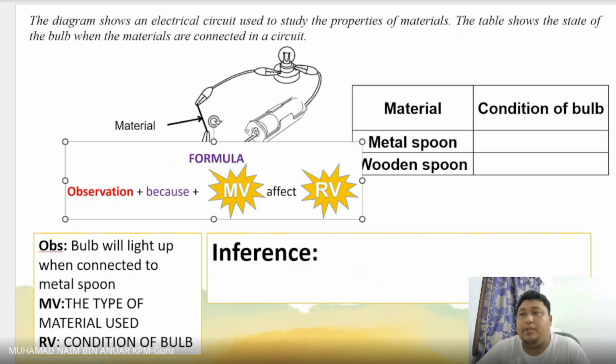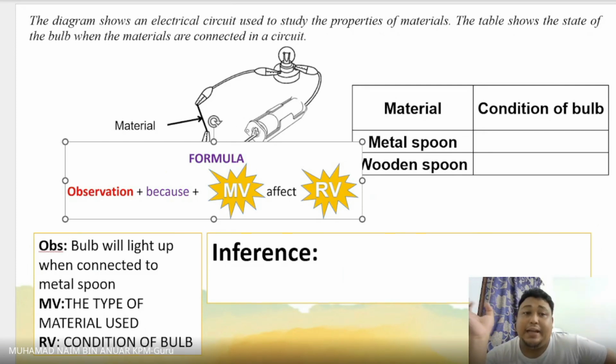Metal spoon is better. You haven't finished your sentence. Yes, I done. Answer is: The bulb will light up when connected to metal spoon because metal can conduct electricity. Okay? Now, that's the answer that we're looking for.